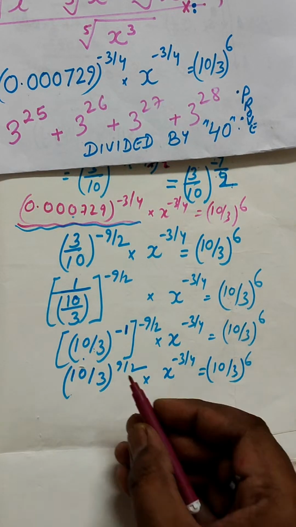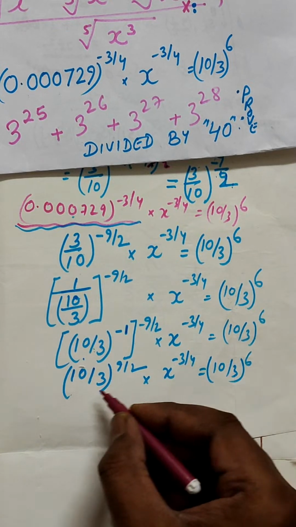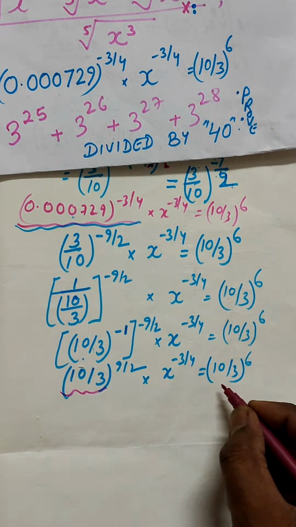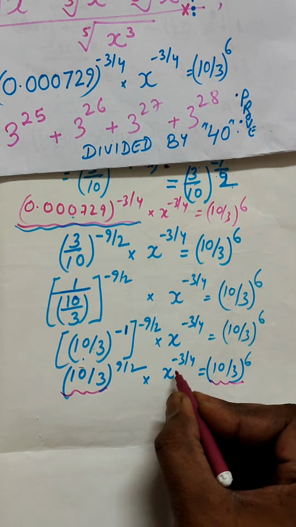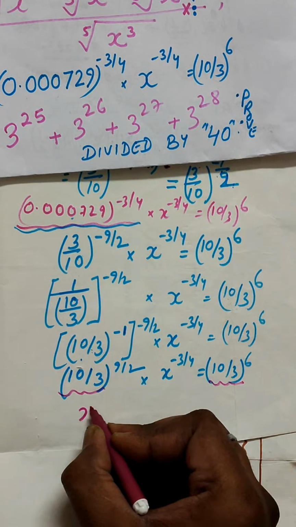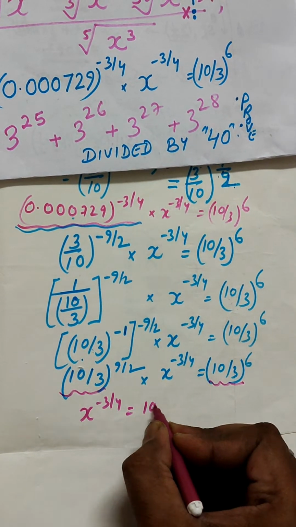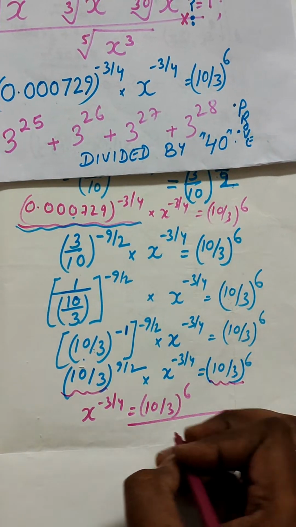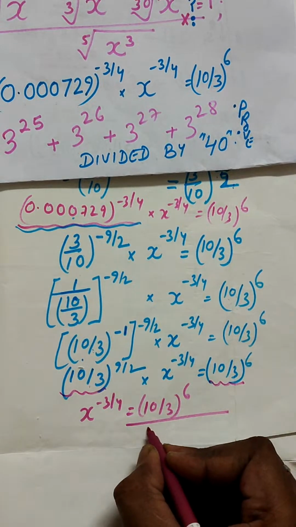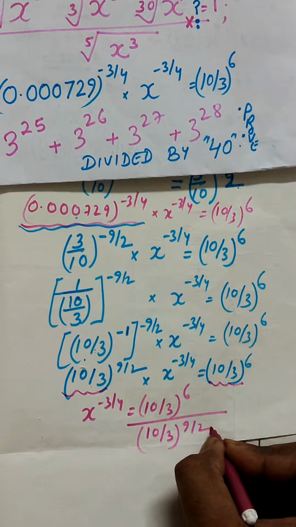Let us see. 10 by 3 power 9 by 2 and 10 by 3 power 6. Since you can see the bases are same over here for 10 by 3, we'll leave x to power minus 3 by 4 in the LHS and in the RHS is 10 by 3 power 6 divided by, this will go into the RHS denominator, 10 by 3 power 9 by 2, isn't it?